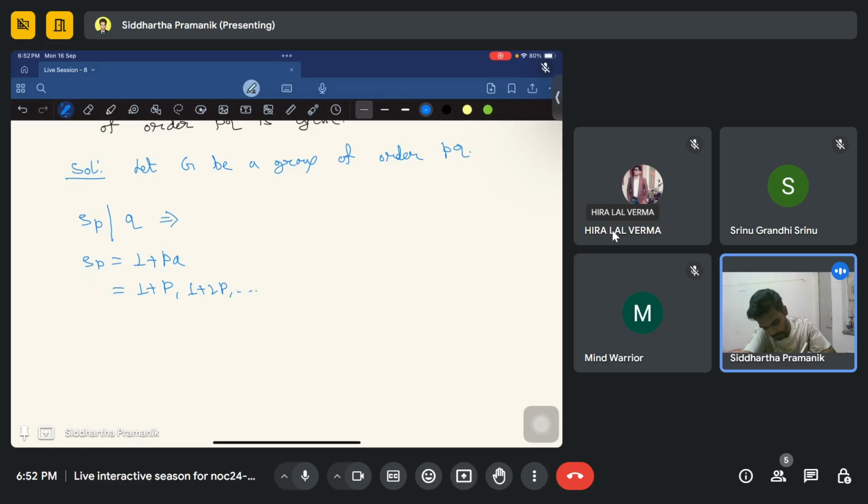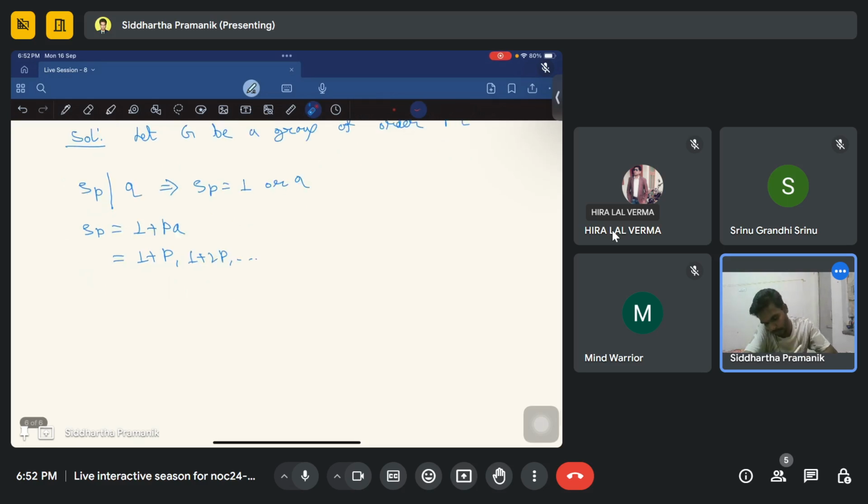So that means s_p is either 1 or it can be q, right? Can s_p equal q? If s_p equals q, that means 1 plus pa equals q.